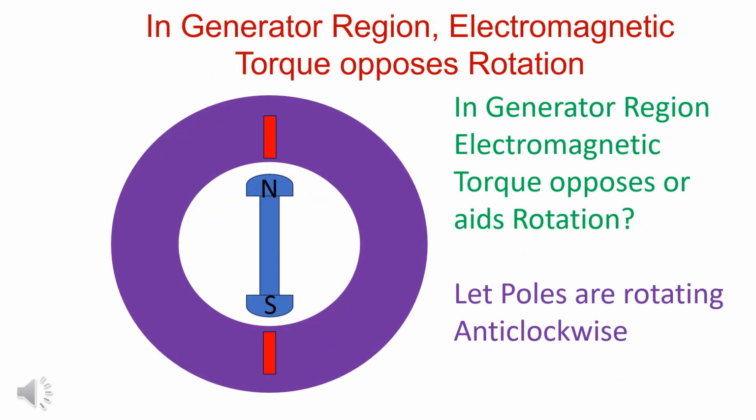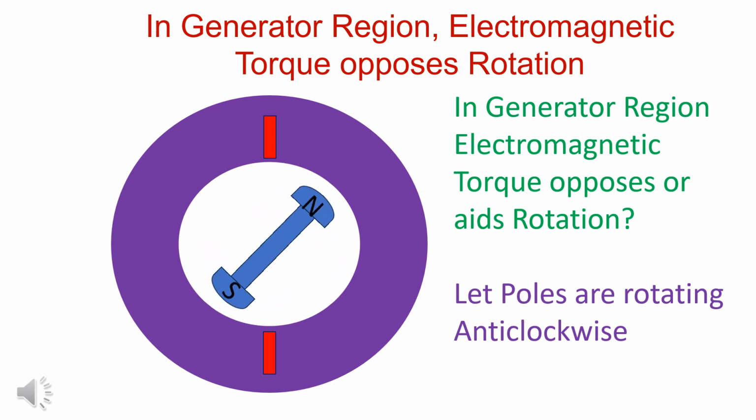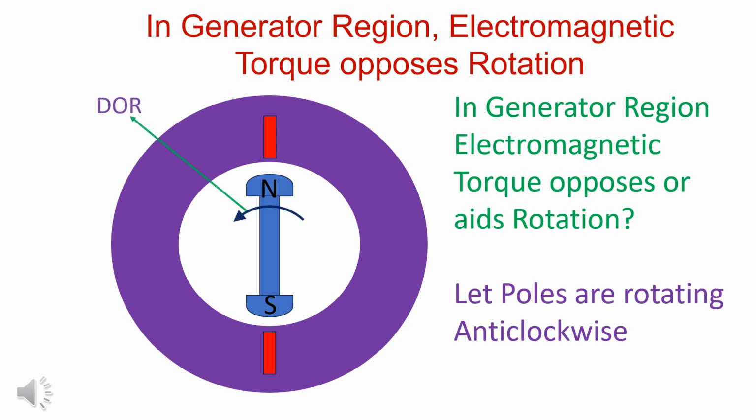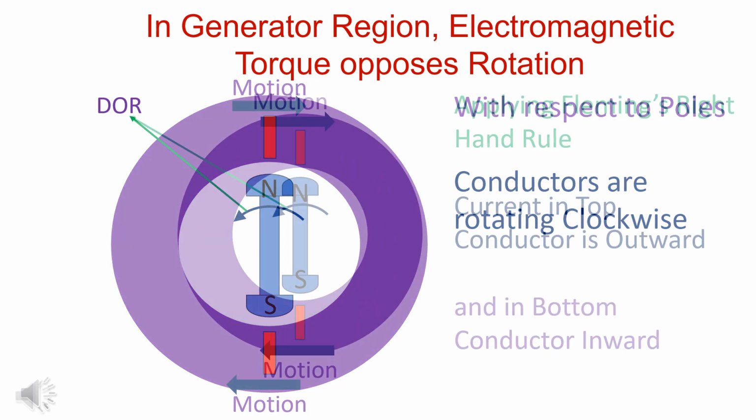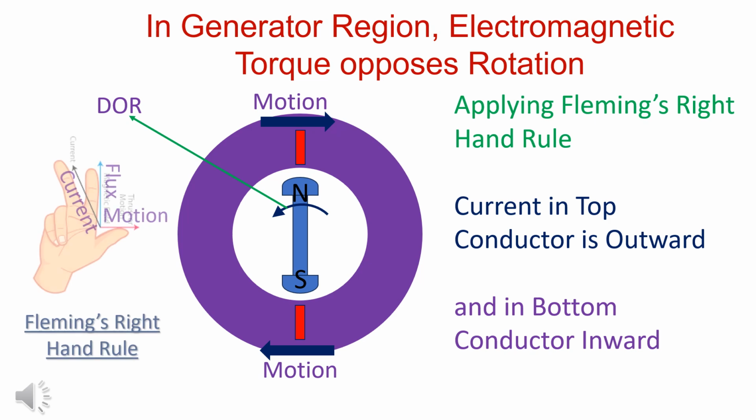In a generator region, does electromagnetic torque oppose or aid rotation? Let poles be rotating anti-clockwise. With respect to poles, conductors are rotating clockwise. Applying Fleming's right-hand rule, current in the top conductor is outward and in the bottom conductor it is inward.